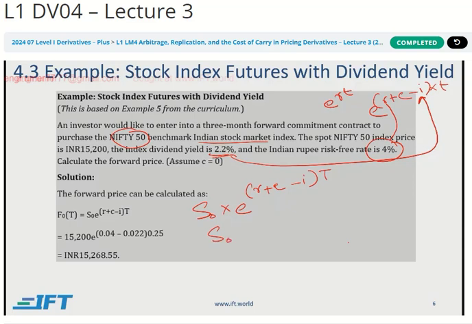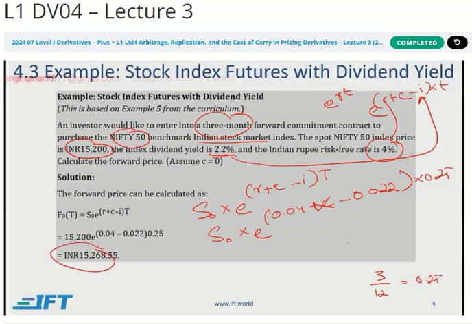So the spot is 15,200, which is where the Nifty is at right now, multiplied by e, and r is going to be your risk-free rate, which is 0.04, and cost is 0, so we can just ignore that, and minus the dividend yield of 0.022, which is the 2.2%, and then we multiply it by 0.25. And why 0.25? Because this is a 3-month forward contract, and 3 months means 3 over 12 is equal to 0.25, and you get the forward price for this contract.